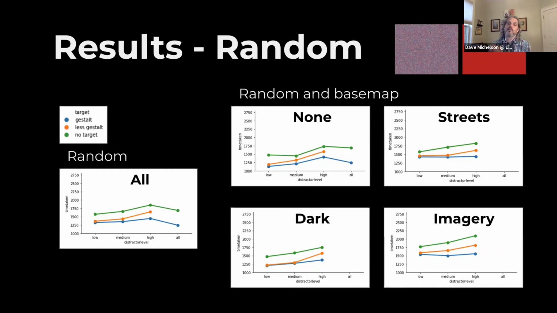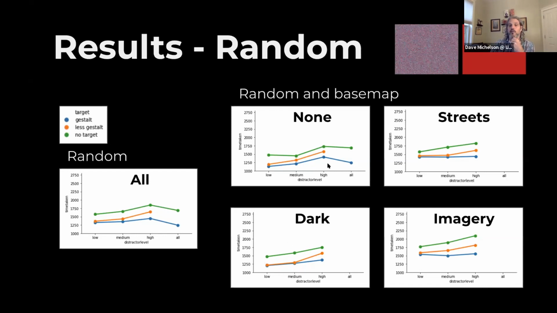Looking at these results in the context of visual search, the colors are always going to be the same. The blue is going to be Gestalt, the orange is going to be less Gestalt, and the green is where there was no target. We notice that there are differences between the Gestalt and less Gestalt, and this is a statistically significant difference, except for the very low condition and the medium and the dark.